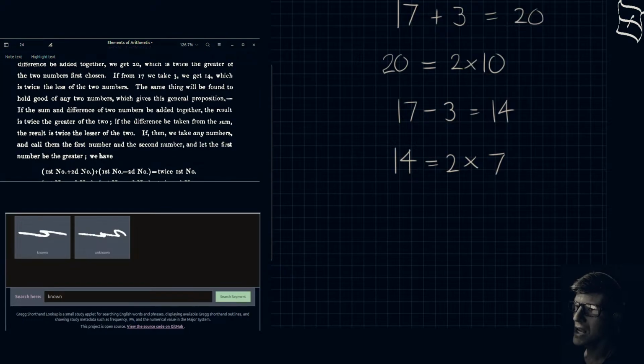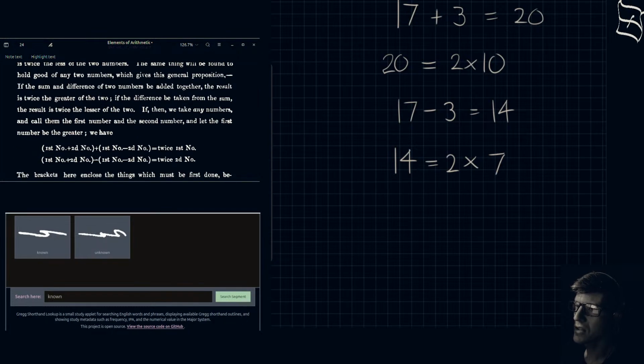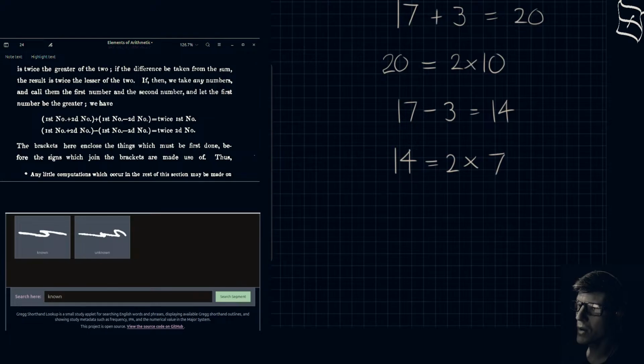If then we take any numbers and call them the first number and the second number, and let the first number be the greater, we have first number plus second number plus first number minus second number is equal to twice the first number. The addition of the two numbers minus the difference of the two numbers is going to be equal to twice the second number.